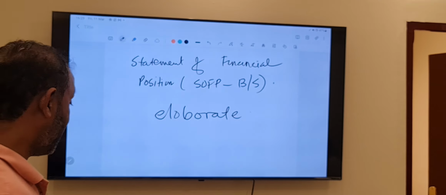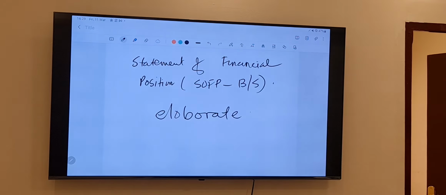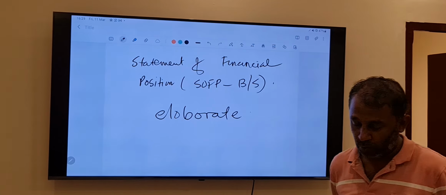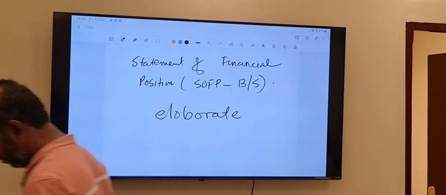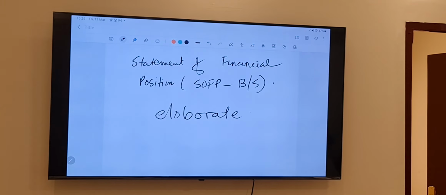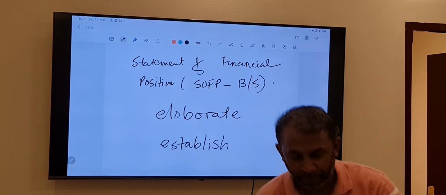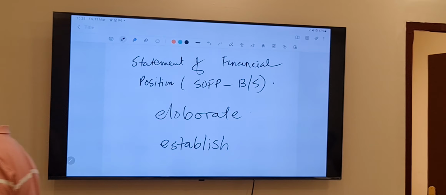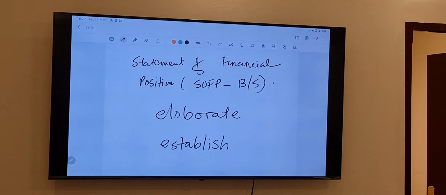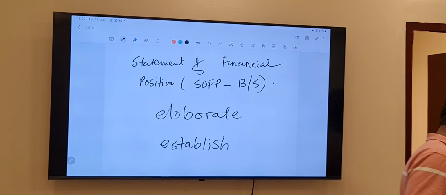Okay. So second one is the statement of profit and loss. You can say that this document is prepared to establish the financial performance.